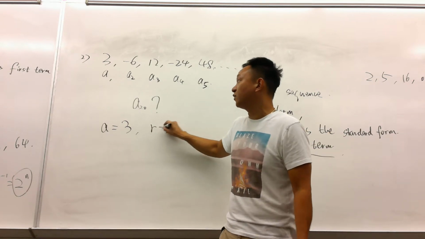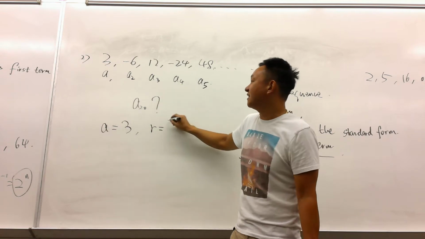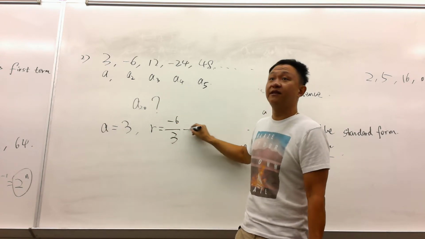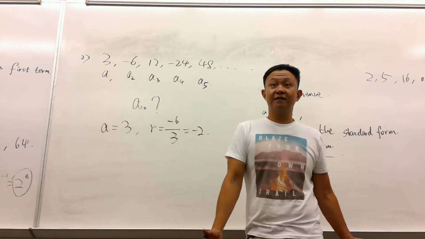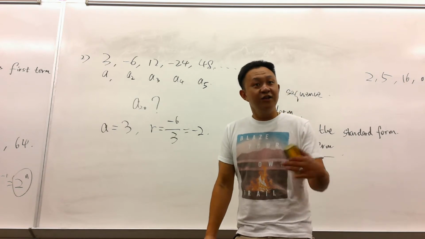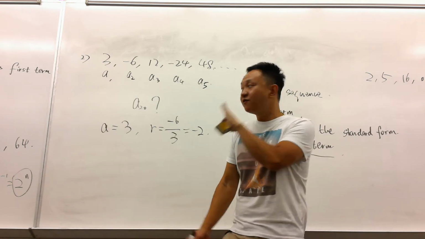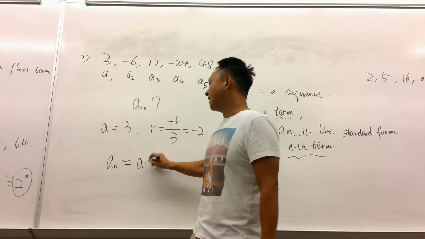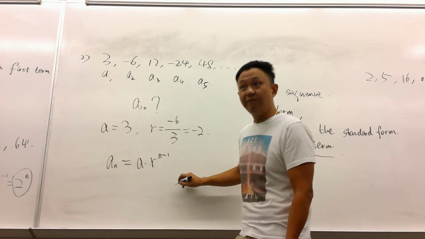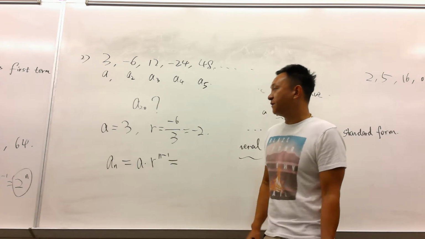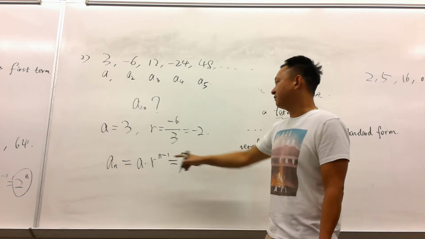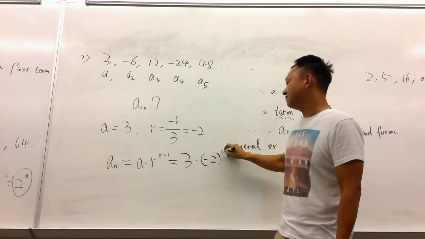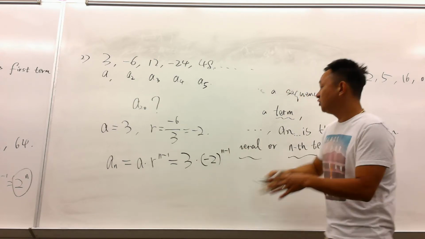Common ratio R equals negative, you can use -6/3, this gives you -2. Be cool? And then you can plug it into the general formula, namely A sub n equals A times R to the n minus 1. You substitute A by 3 and R by -2. So that's it. This is the formula you should have.